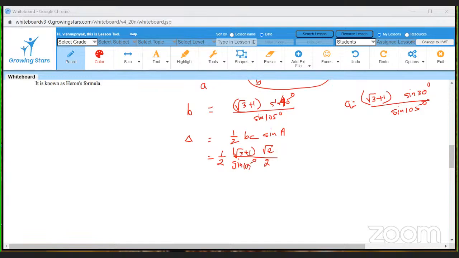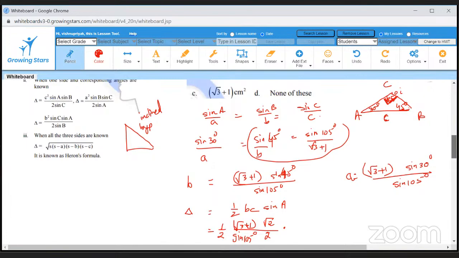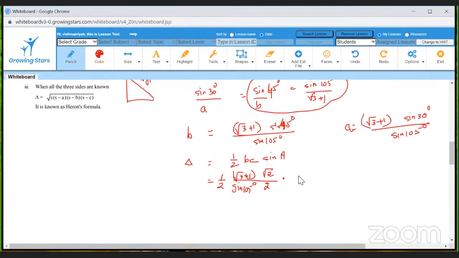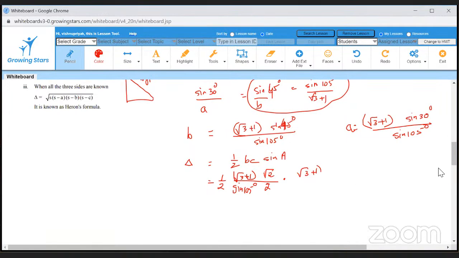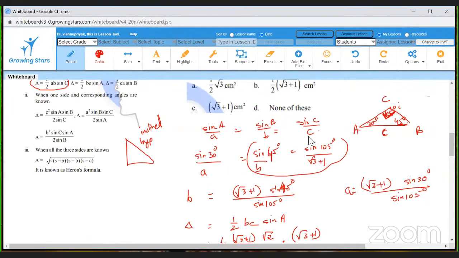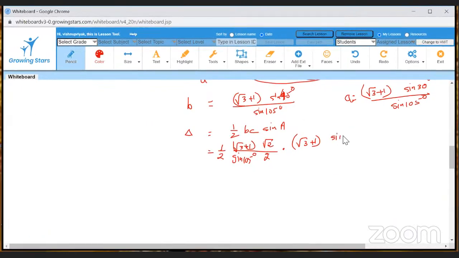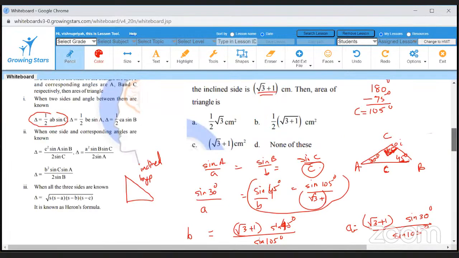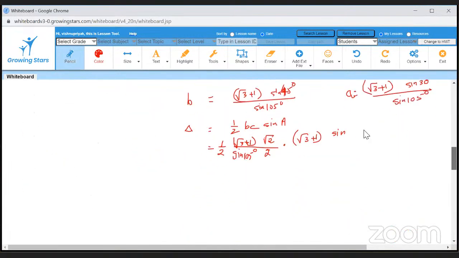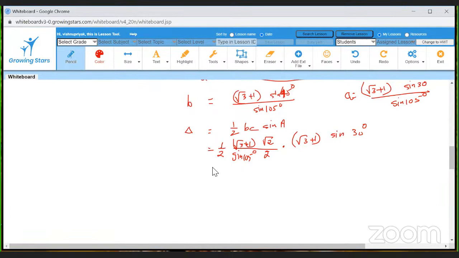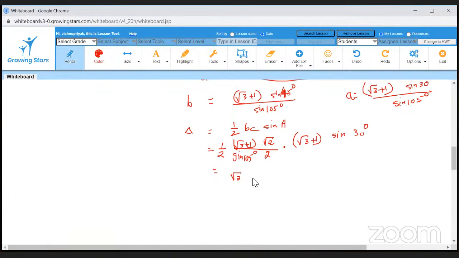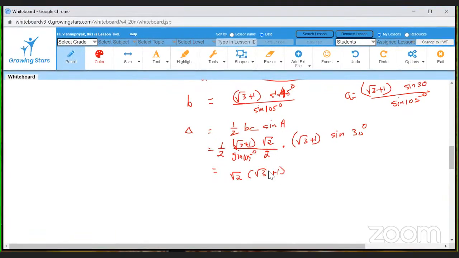So B, C. What is C? Root 3 plus 1. C we have taken as root 3 plus 1. And then sine A. A we have taken as 30 degrees. So in the numerator, you will have root 2 into root 3 plus 1 whole square.